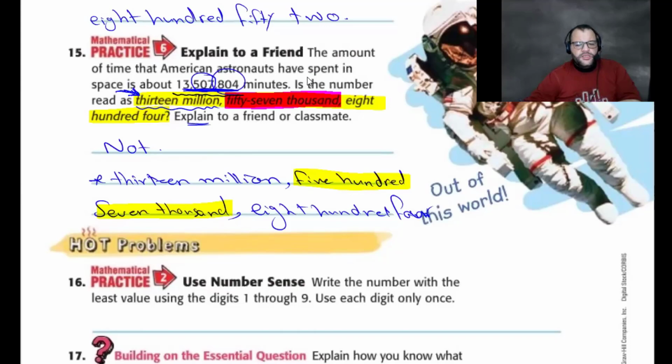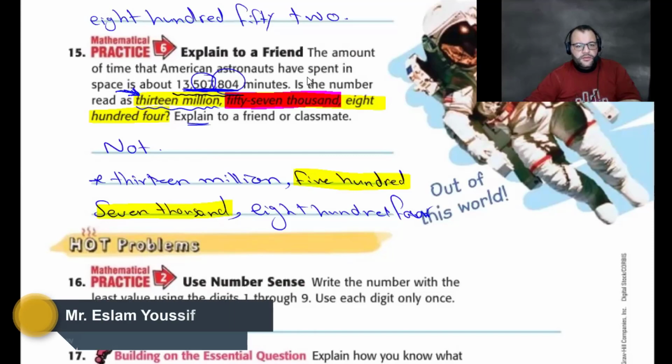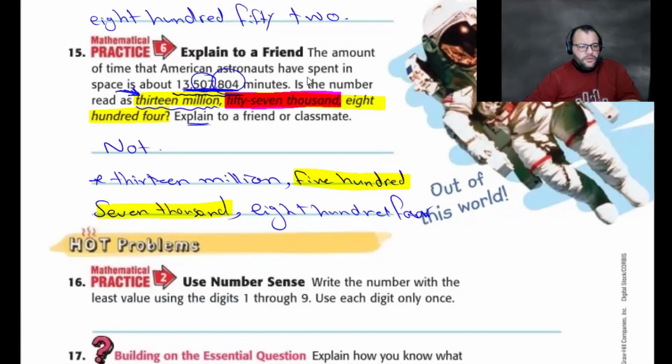Just wait, please. Listen to each other. Hamza. I don't have this on number 15. That's page 14, question number 15. Yeah, but I don't have that picture.